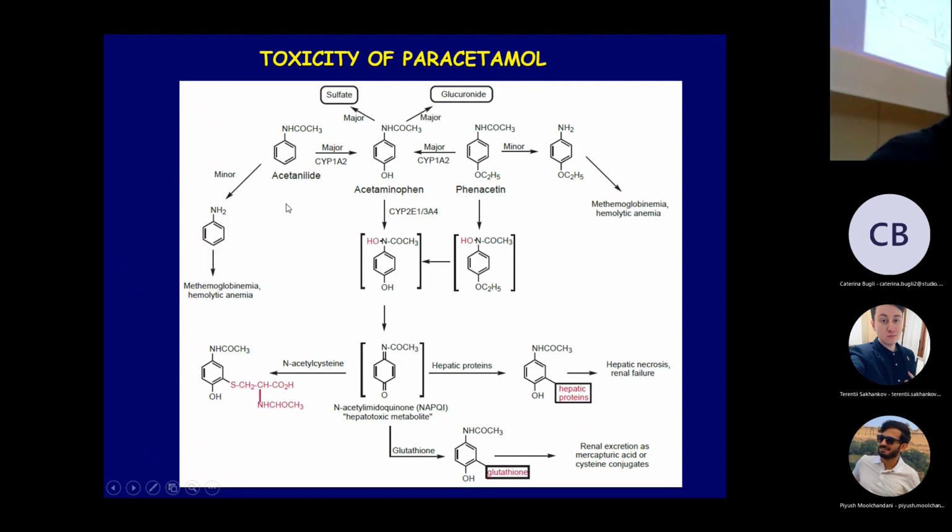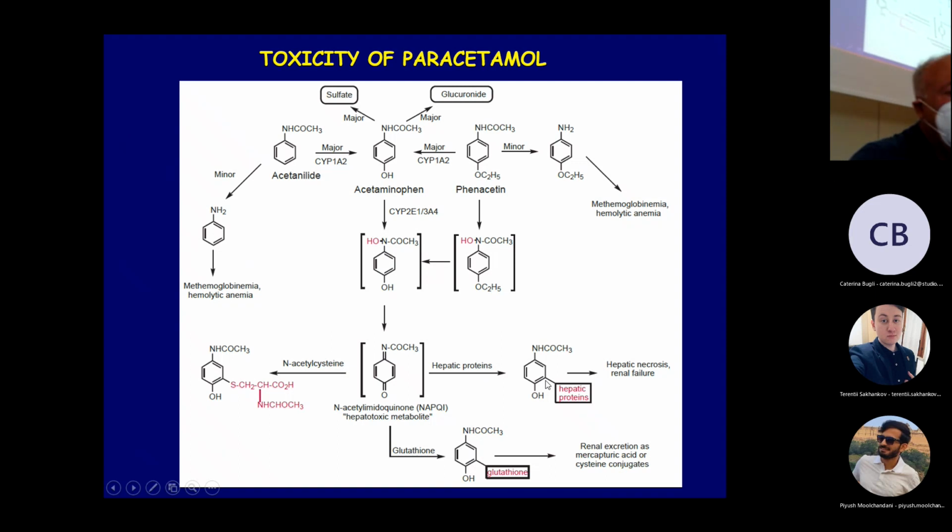You see the toxicity of acetaminophen once again. You see the formation of aniline, okay, but also if you see this pathway, you see the formation of the aminoquinone, once again, reaction with glutathione, but at the end, when glutathione is finished, hepatic proteins can interact.